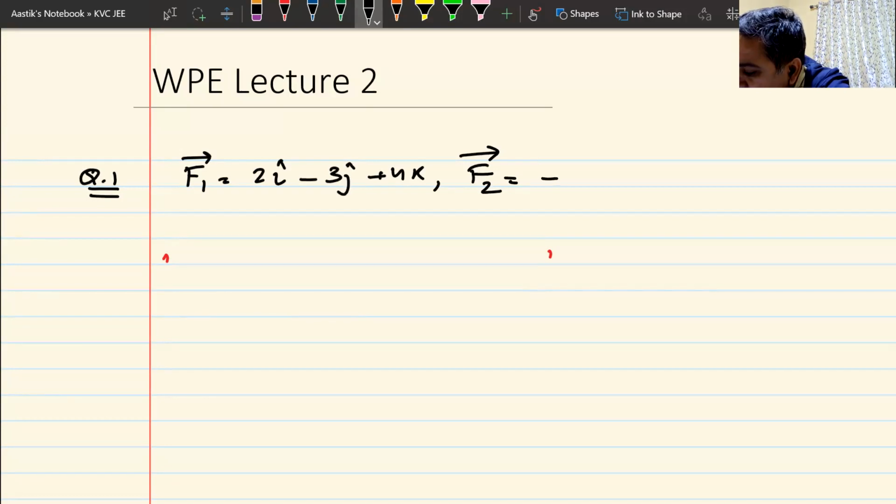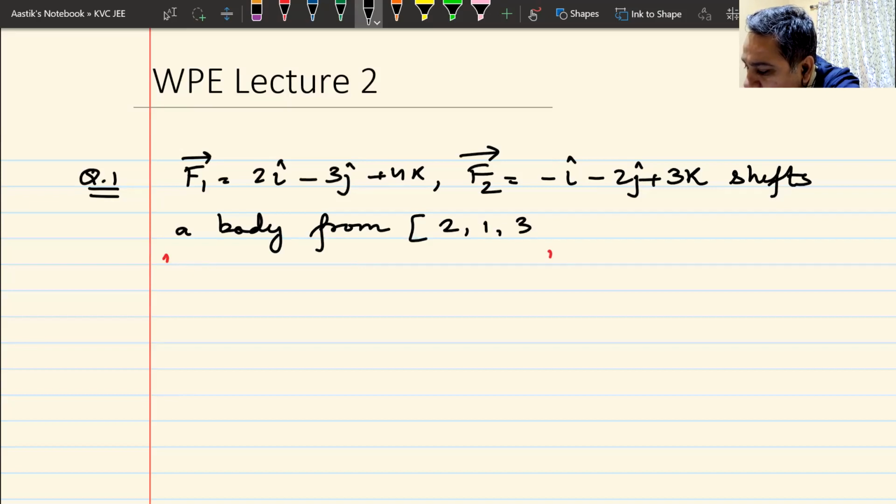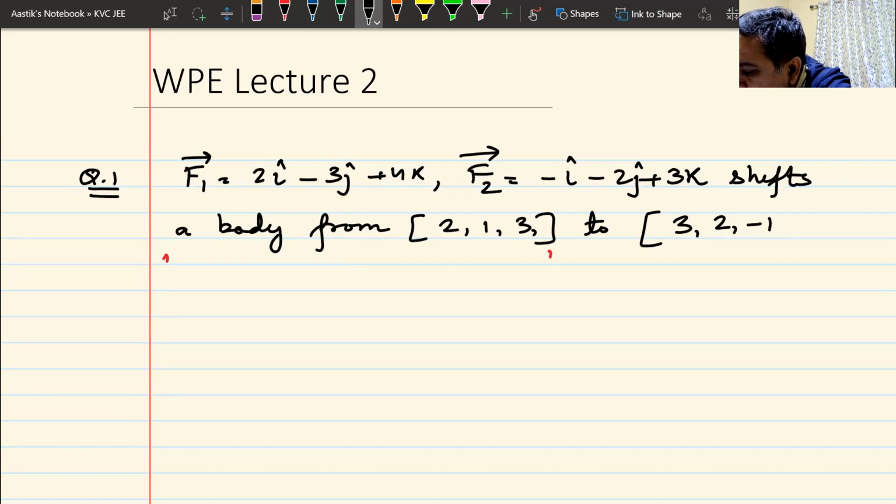F2 is minus i minus 2j plus 3k. They shift a body from the first point, 2, 1, 3, to the second point, 3, 2, minus 1.